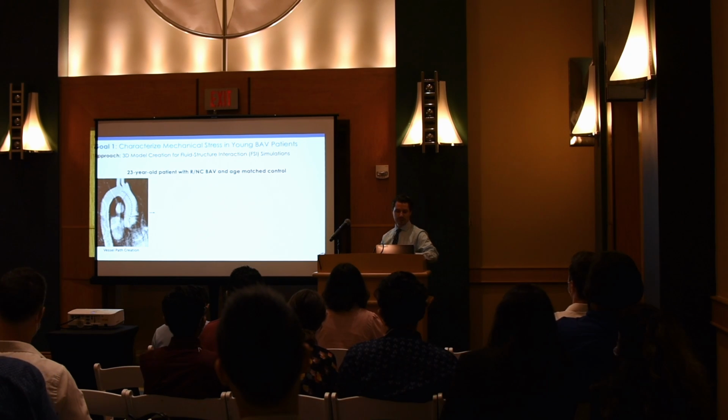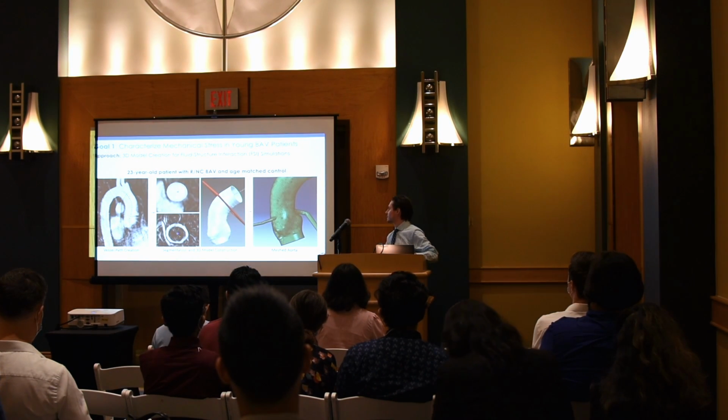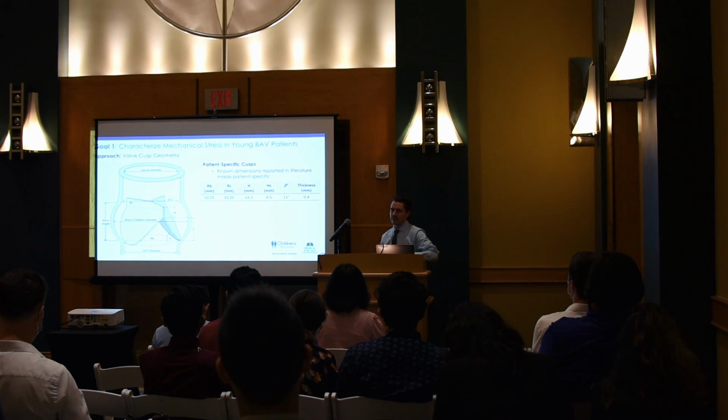Working from the MRI imaging, this allowed us to create a 3D reconstruction of the aortic root, ascending aorta and coronary arteries in Vascular. And then next, we created the valve cusps in SolidWorks using relationships of valve dimensions reported in literature, but that were made patient-specific to the geometry.